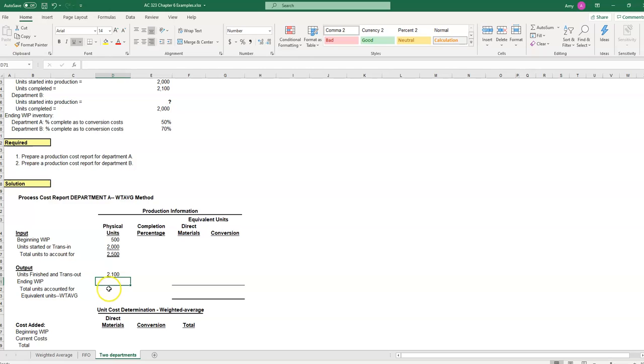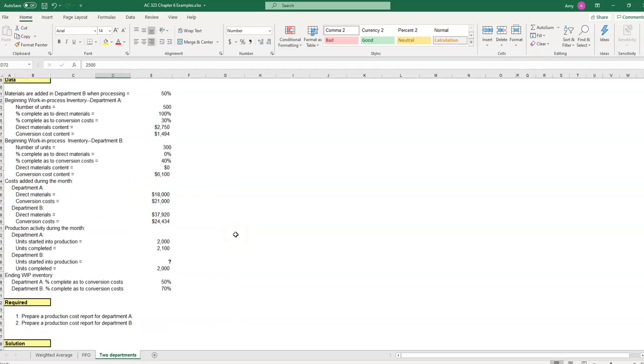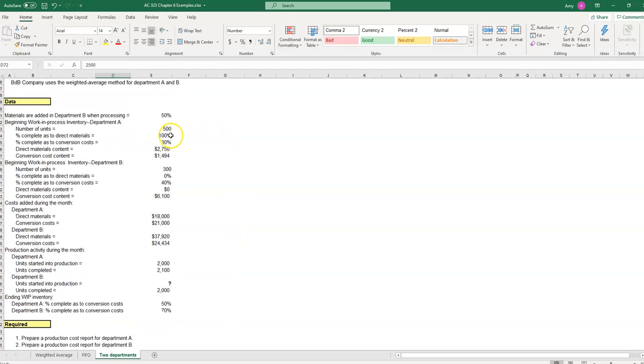Since we need to account for 2,500, our ending work in process is the number we need to account for minus that 2,100 transferred out. So our ending work in process has 400 in it. When we look at this, it tells us that the beginning work in process was 100% complete for direct materials, but 30% complete for conversion.